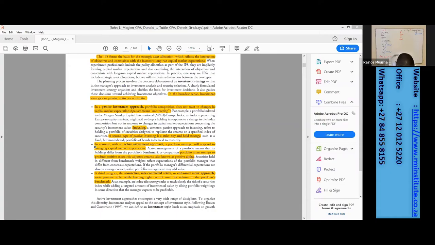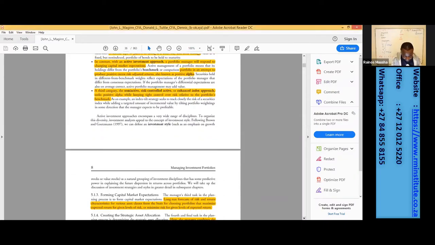So with a semi-active investment strategy, the ultimate aim there is to say, yes, we want to produce excess returns, but we need to make sure that we keep a tight control over the what? Over the risks that we're taking, right? So our main aim is to produce a positive alpha, but at the same time being able to keep a tight control over the risk that we're going to be taking there as well.